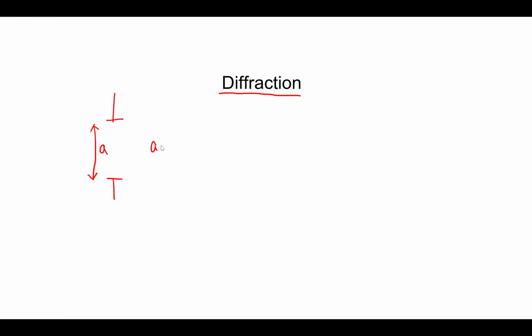Then we get a sin theta equal to m lambda for the fringes. So that means there's a central peak, then these fringes, and these fringes are governed by sin theta equal to m lambda.